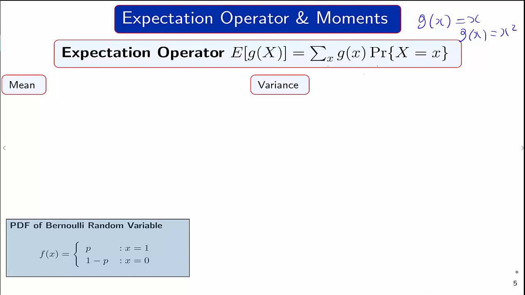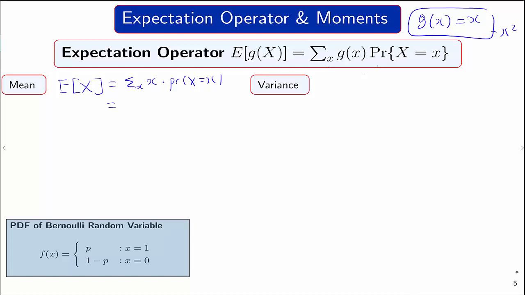So in this case, we want to look at the mean. The definition is just E of x. So this is just a case of g of x equal x. The general definition is the sum across every value x takes of x times the probability that we observe that particular outcome. It's very simple for a Bernoulli because x takes two values.